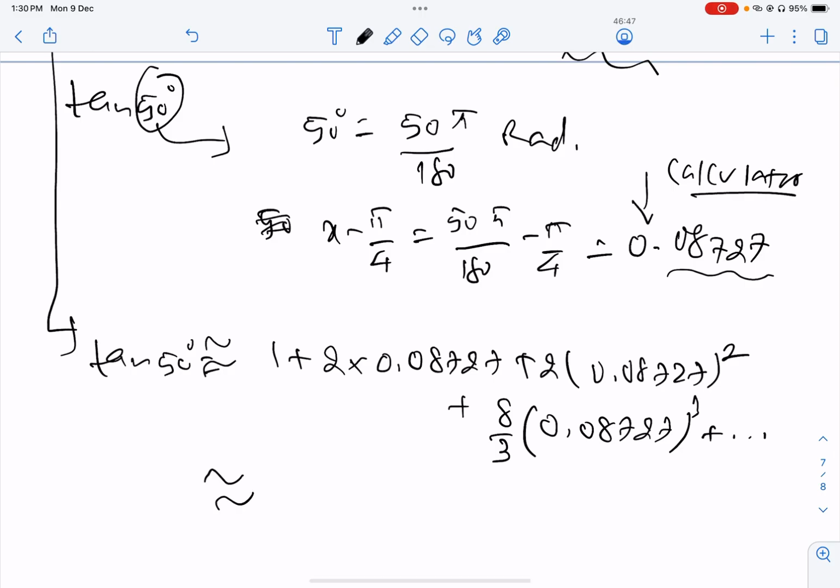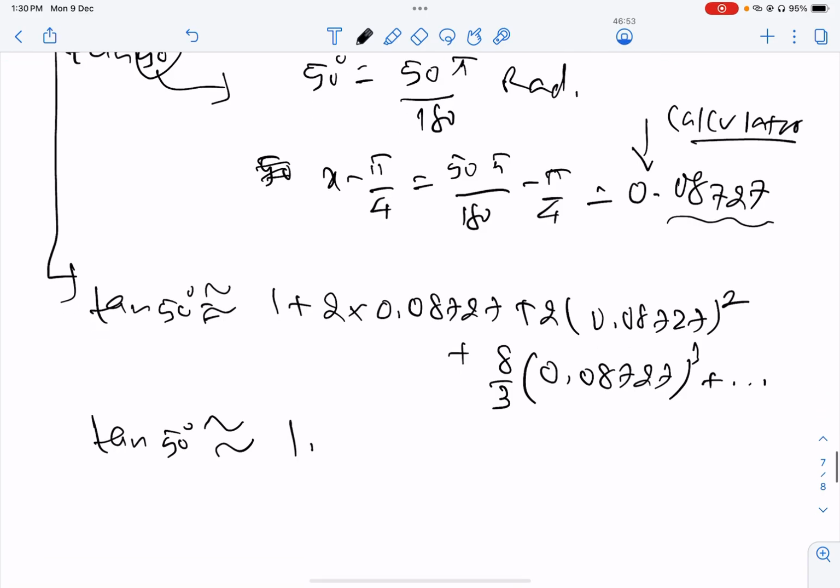And now you simplify, use the calculator, and you will get this as approximately 1.19175. So this is your answer. Thank you.